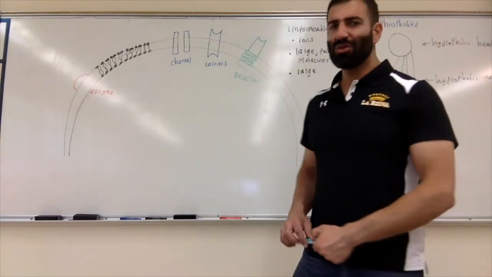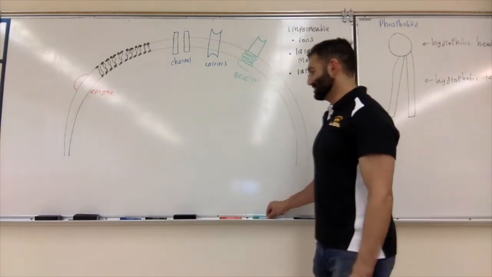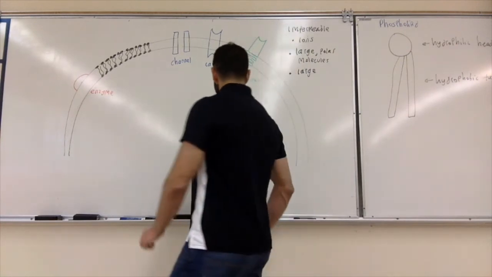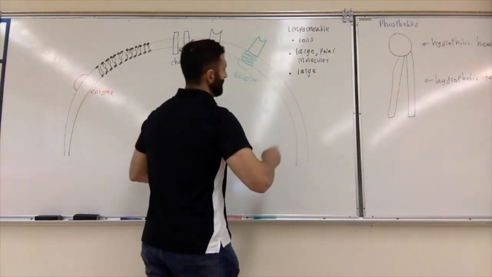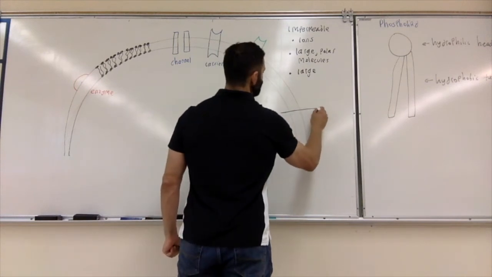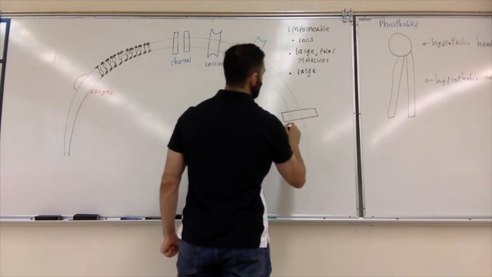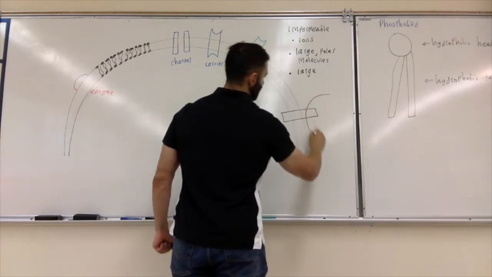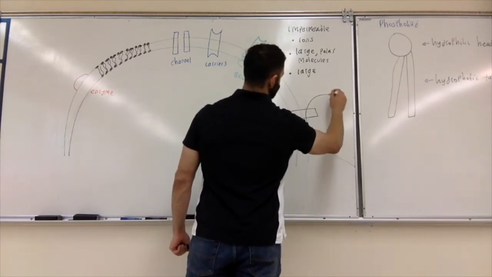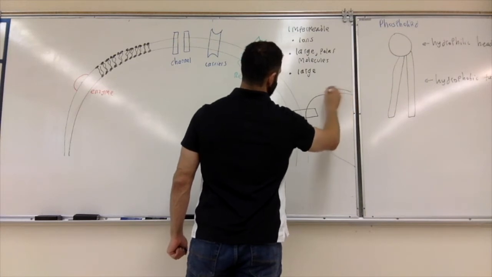Next we have something called adhesion proteins. And I'll just draw these. Let's see, I'll go ahead and use black for this. Adhesion proteins, what they do is they anchor one cell to another. So let me draw a tiny cell here, so you can see how it works.